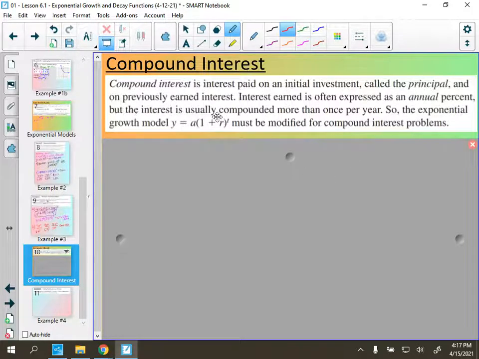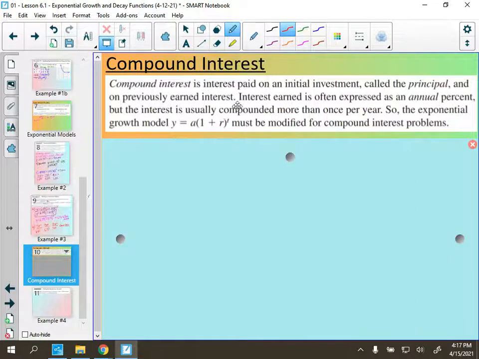Here's the thing, though: when they compound my interest, that's the time they figure out your interest, and that's usually more than just once a year. So we have to account for that.